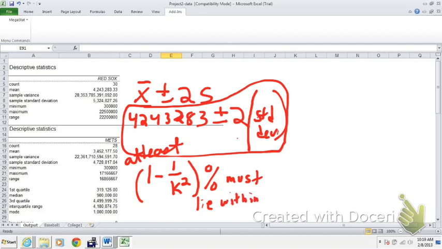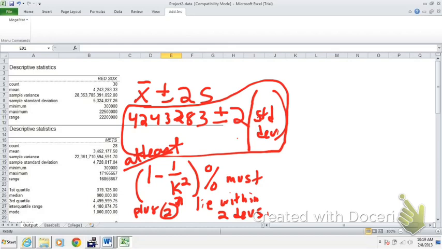So k is the number of deviations of the mean you're looking at. 2 standard deviations of the mean, so you're going to plug 2 in for k. 2 squared's 4, and 1 over 4 is 0.25, so 1 minus 0.25, you're looking at about 75%. So Chebyshev says that at least 75% must lie within 2 standard deviations of the mean.